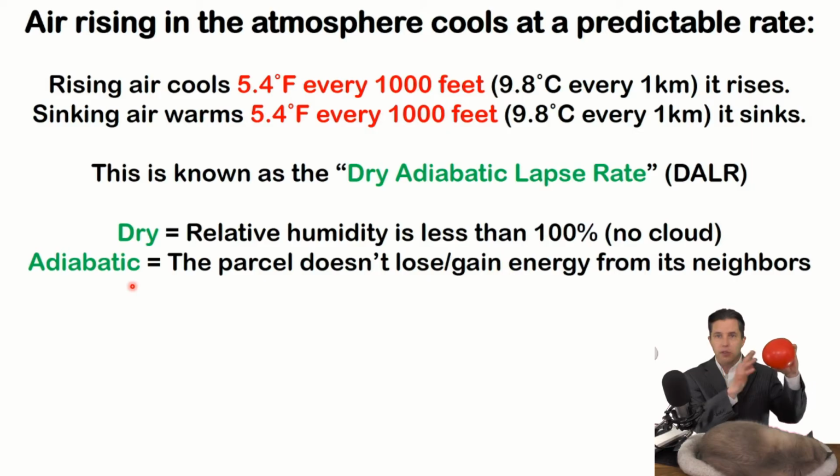It's going to expand or compress, and the temperature is going to change. Adiabatic means it's not absorbing any extra heat from its neighbors, or emitting any heat to its neighbors. In other words, adiabatic kind of means it's insulated. So we're going to be talking about these air parcels moving up and down the atmosphere, and we're going to pretend that they're perfectly insulated from their environment. That's what we mean by adiabatic.